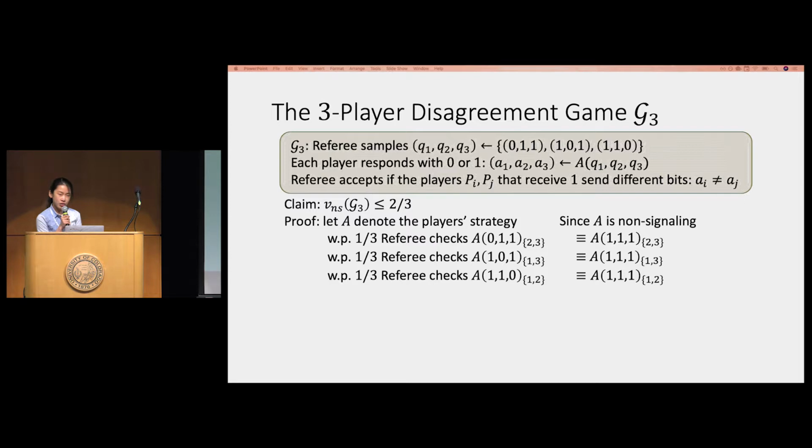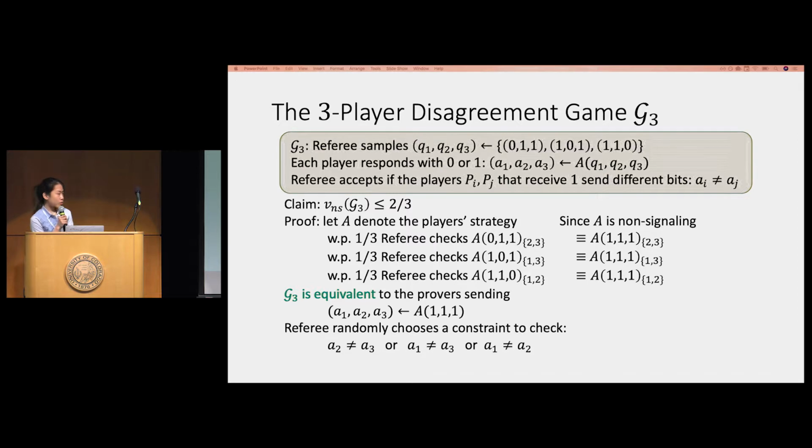So actually, we can think of this disagreement game as the following. This game is equivalent to the provers sending a triplet of answers sampled from the single distribution A111. And then the referee randomly chooses a constraint to check. He randomly decides to check whether two of the answers disagree.